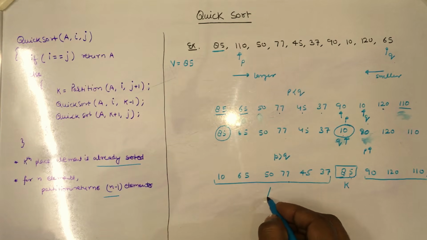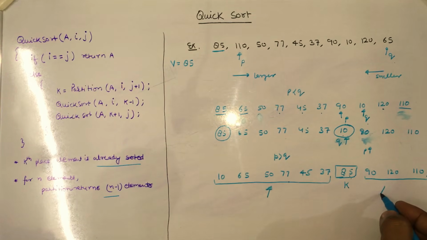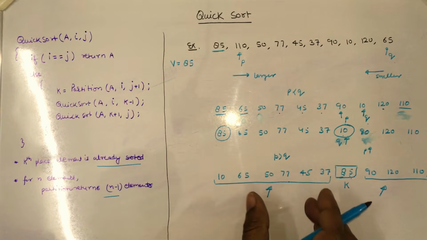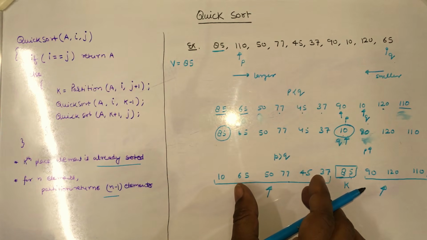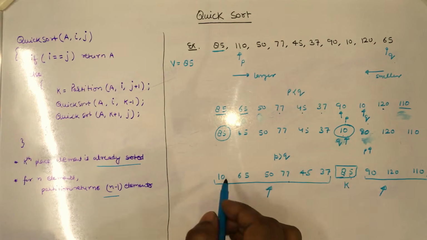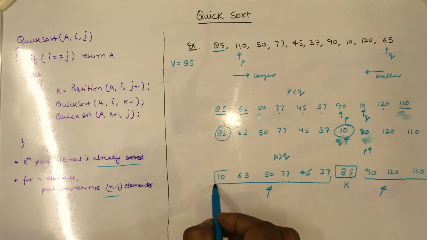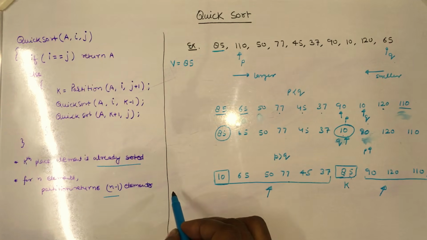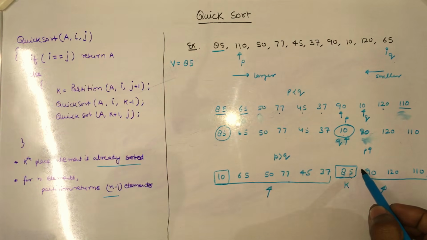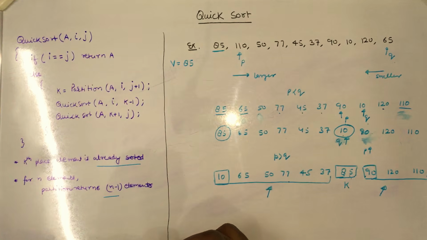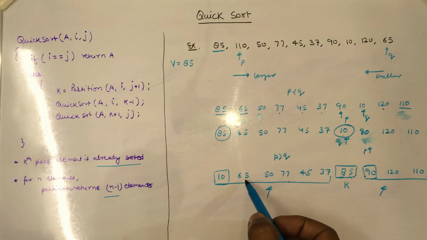I again apply quicksort on this half and on this half. When you apply quicksort on this half, the pivot element is considered as 10. And when I apply quicksort on this half, the pivot element would be 90. Again, the same way, you can compare with two pointers.